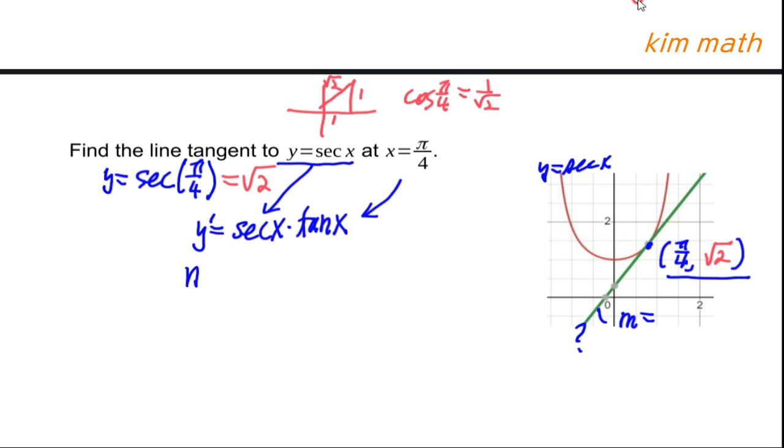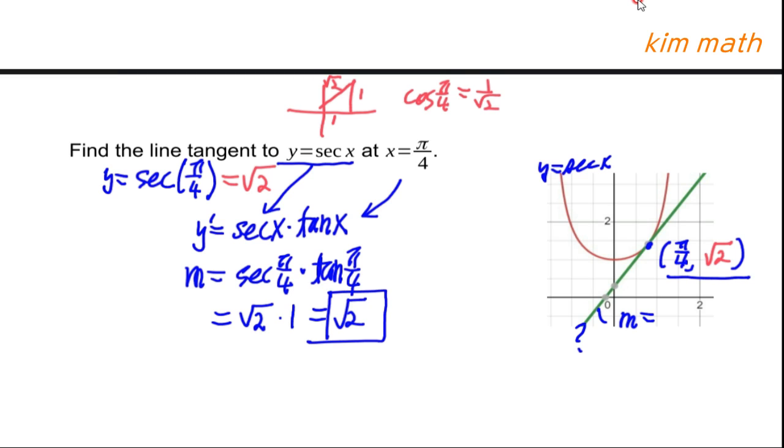So your slope must be secant pi over 4 times tangent pi over 4, right? Secant pi over 4, we already found in our previous example, right? And tangent pi over 4 is 1. Wow. So the slope is square root of 2.